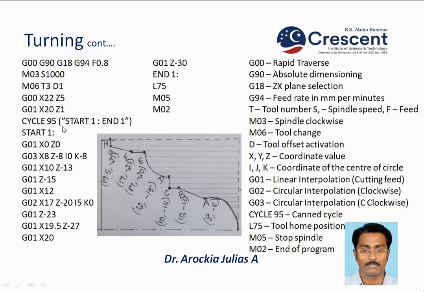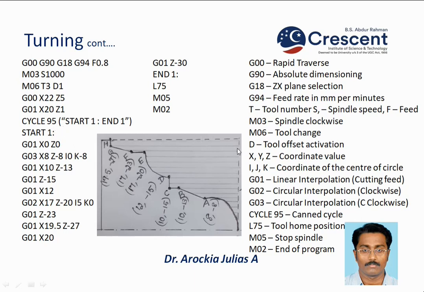Next we start the cycle. So you have to remember that in turning we have to use the canned cycle, or here we are using a different cycle. So these cycles are required in turning because we want to move the tool from right to left repetitively. In drilling or in some milling, it is simple, the tool passes once, whereas in turning, even though we are going to define the profile of the final finished component, but the block is a cylindrical one, you have to remove a lot of material.